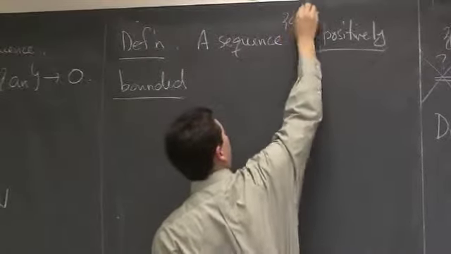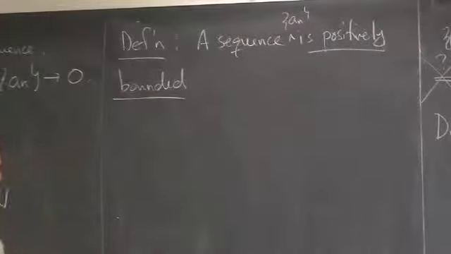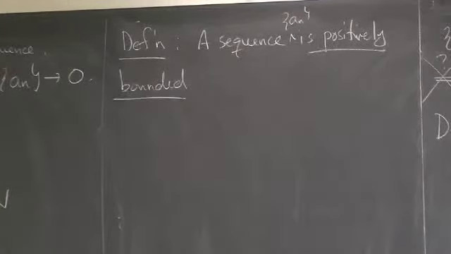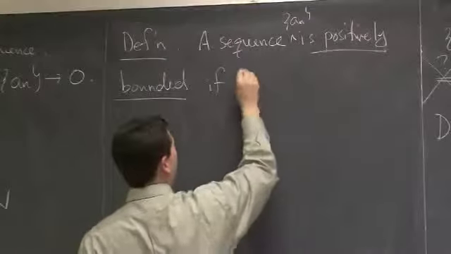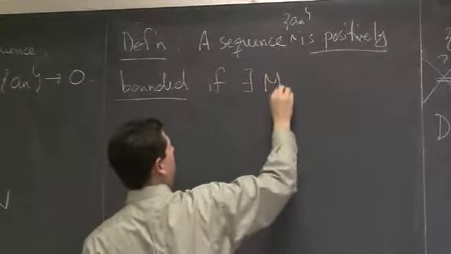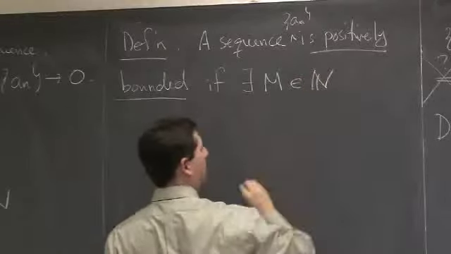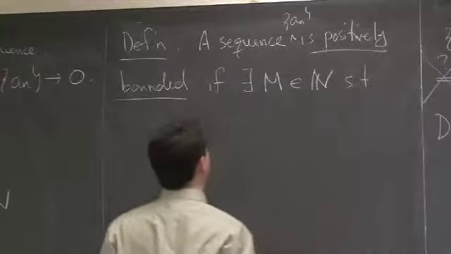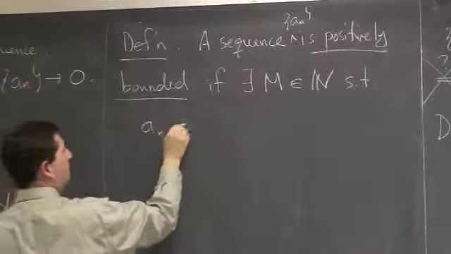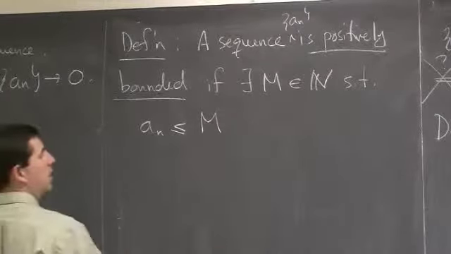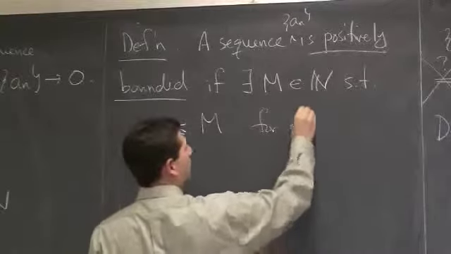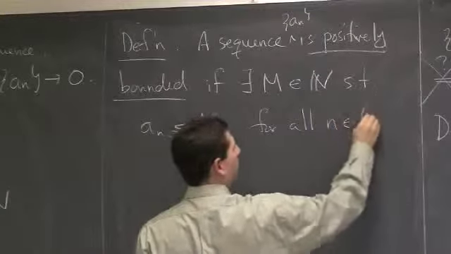Let's call it an. Sequence an is positively bounded if there exists a natural number m such that an is less than m, right? Or maybe we say less than or equal to m for all n.